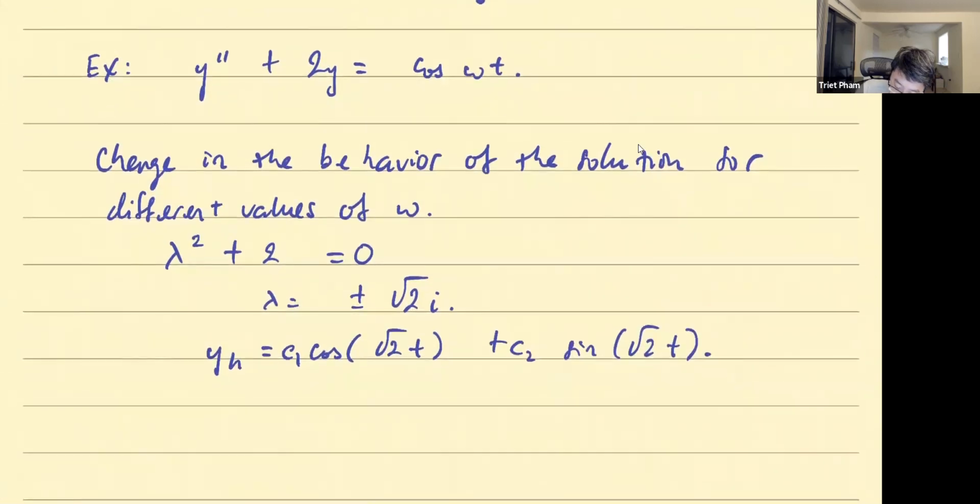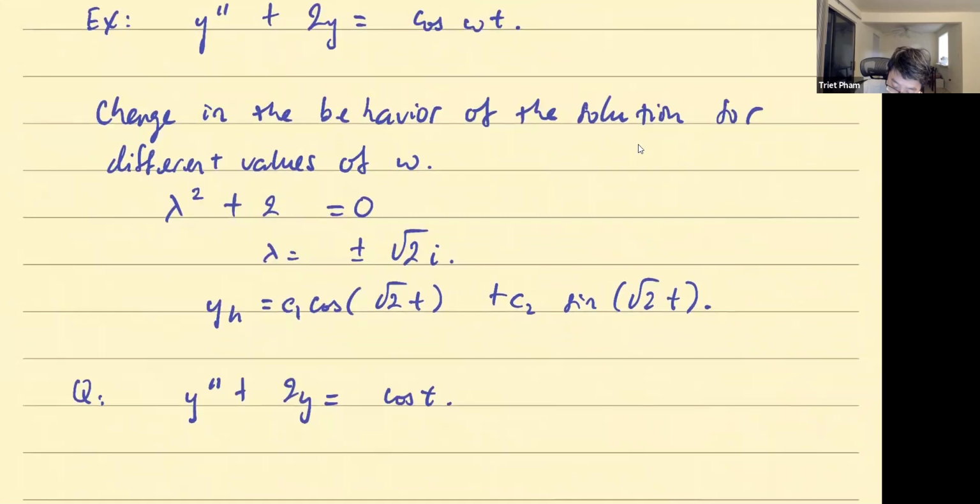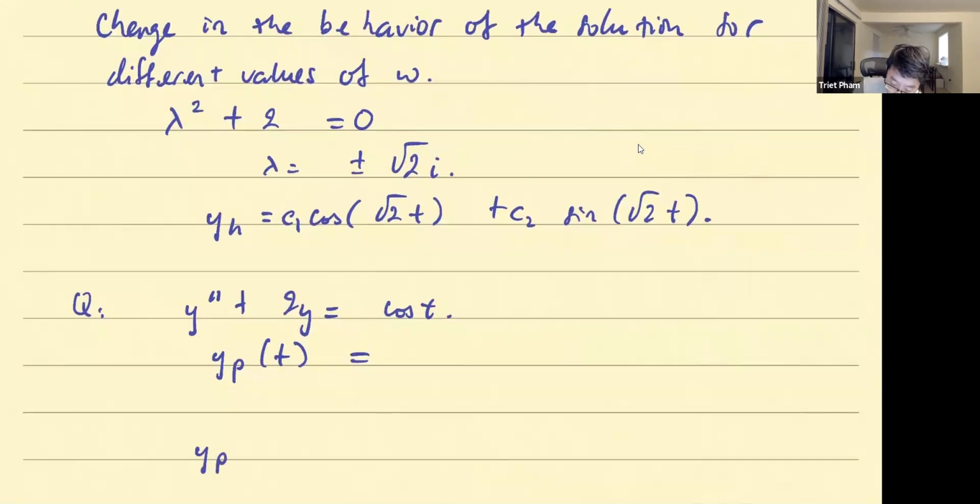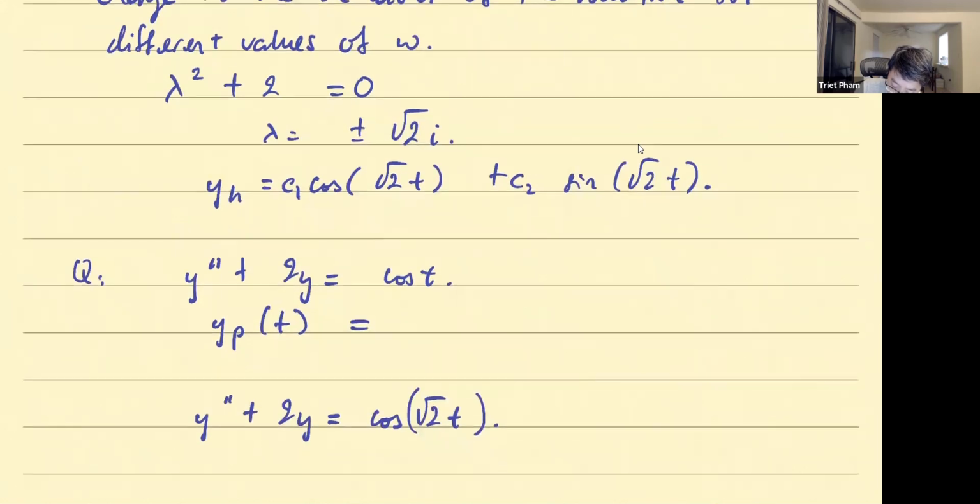So question: suppose that you have y double prime plus 2y is cosine of t. Then what is the guess for yp in this case? Compare with this: y double prime plus 2y is cosine of square root of 2t. Then what's the guess for the yp?